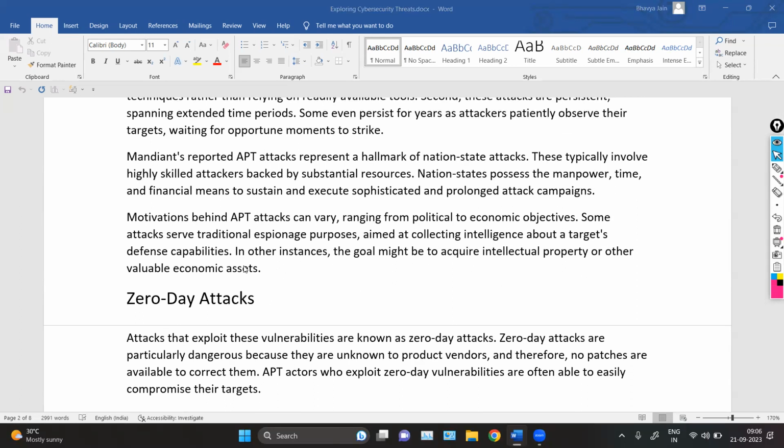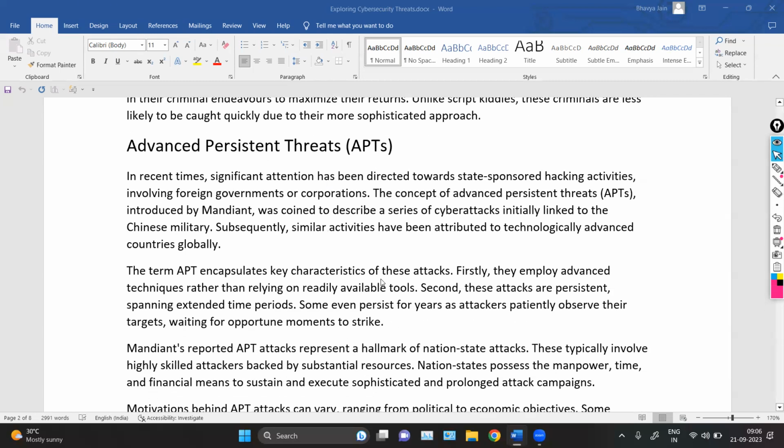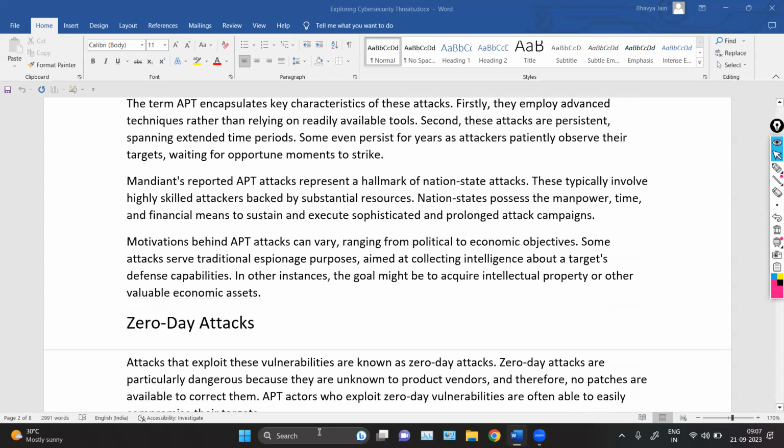The motivations behind APT attacks can vary, ranging from political to economic objectives. Some attacks serve traditional espionage purposes, aimed at collecting intelligence about a target's defense capabilities. The goal might be to acquire intellectual property or other valuable economic assets. So it depends on the purpose, and using APT techniques can have multiple reasons, political or economic objectives, or even cyber crimes.